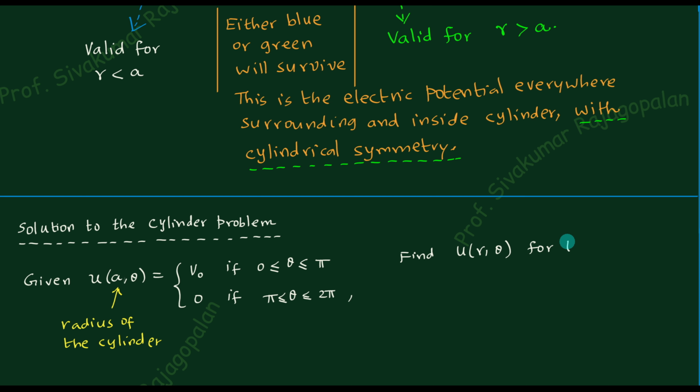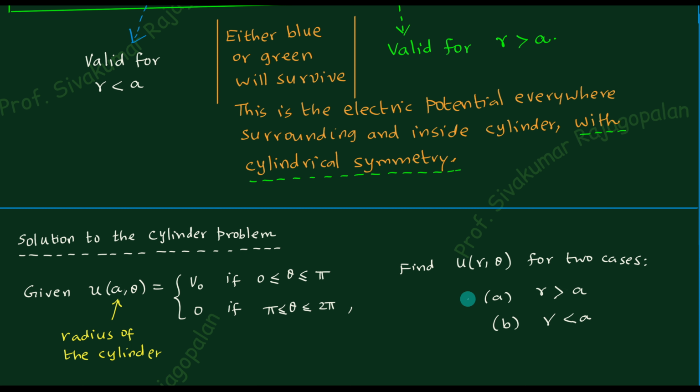And once that is clear, we are interested to calculate u of r comma theta for 2 cases, namely r greater than A, and then r less than A. So these are the 2 cases that we are trying to do.